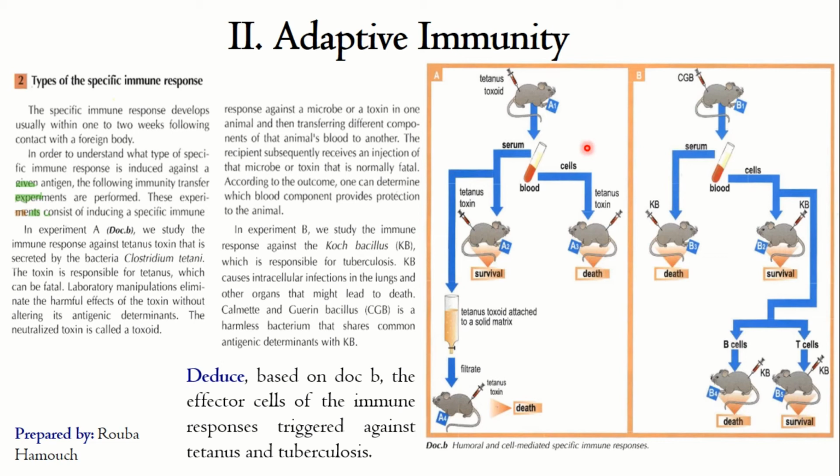So, according to experiment A, we can say that the effectors of the immune response against tetanus are the antibodies found in the serum.